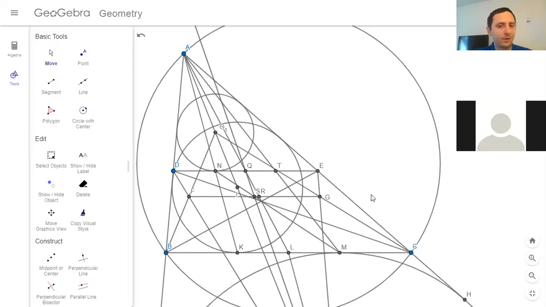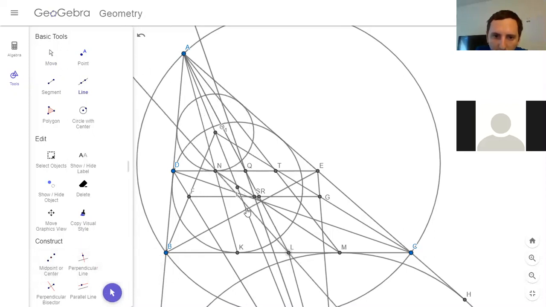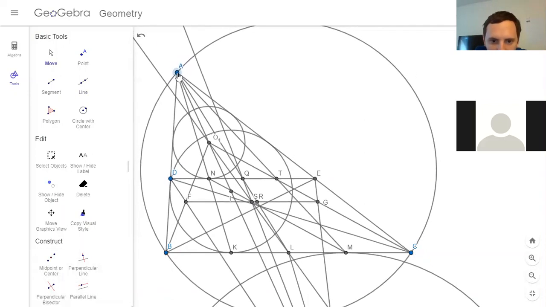Yeah, I'm running out of ideas. I don't know. Let's try it for just a little bit more. Oh, are LS and O1 collinear? Interesting.